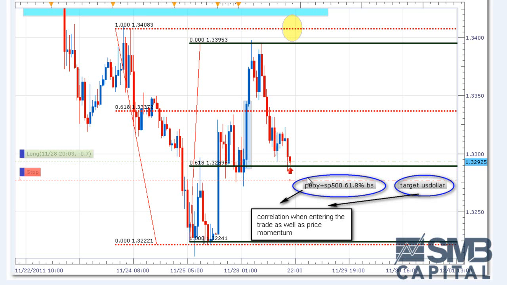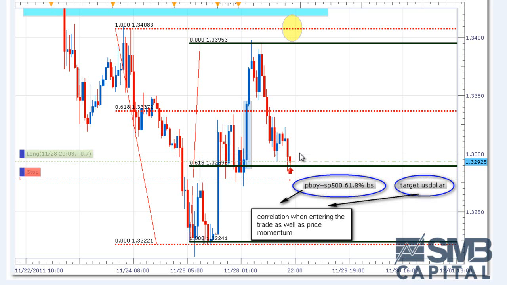and then we use, as we also mentioned in previous videos, the help of correlation. In this case, the correlation with the S&P, especially when the S&P is open, is about 80 to 90% correlated to each other. The S&P itself was also at levels of support, so that makes you more confident in opening the trade to the upside.